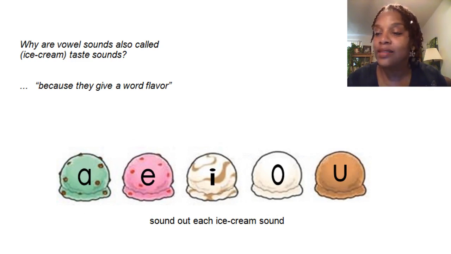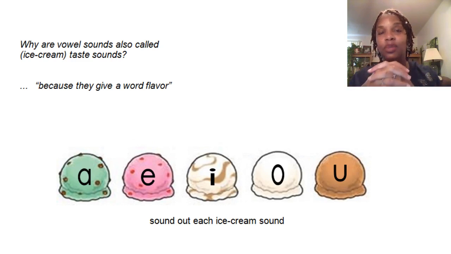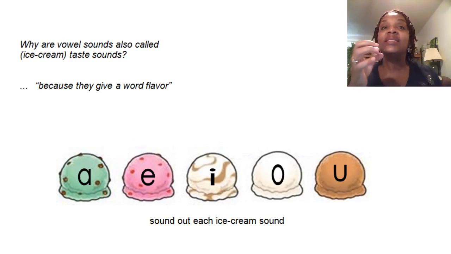So again, every single word has to have at least one vowel sound, and every single vowel is a slide sound. See how they work together to help you become a better reader or the best reader you can be, because slide sounds are your friend. Slide sounds give you the chance to figure out the next sound type.